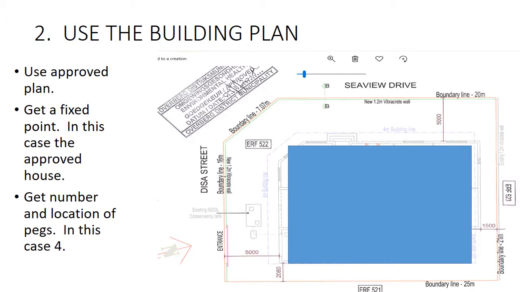Looking at the plan, you can also determine the exact locations of the pegs, as well as the number of the pegs. In this case, it works in a straight line, A, B, C, and D. Those were the pegs I needed. I did not look for another peg.